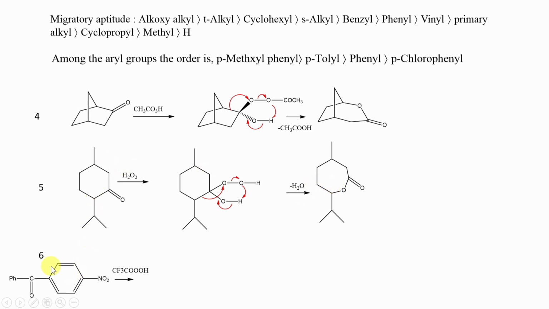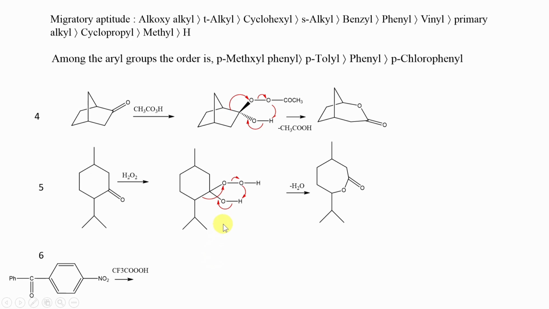And the next example, the sixth example, you can see here is a nitrophenyl group and here is a phenyl group. It is an unsymmetrical ketone. In presence of peracetic acid, Baeyer-Villiger oxidation takes place.